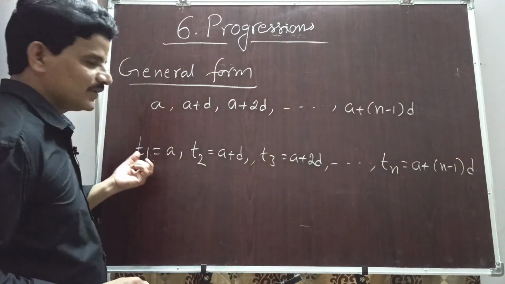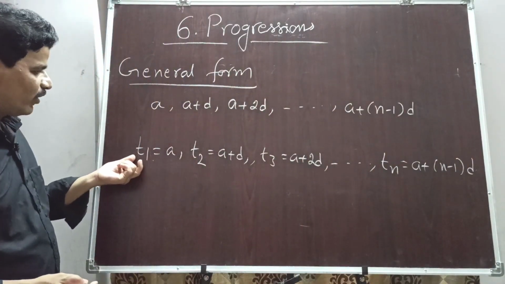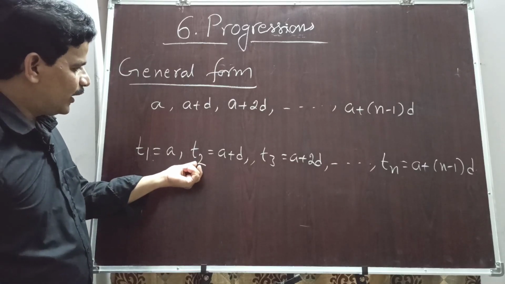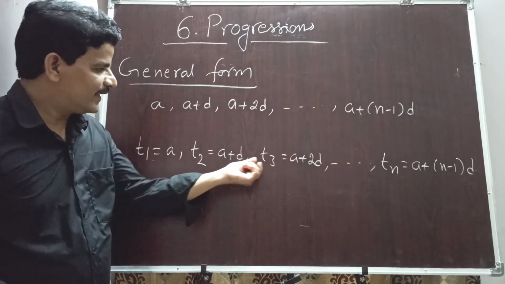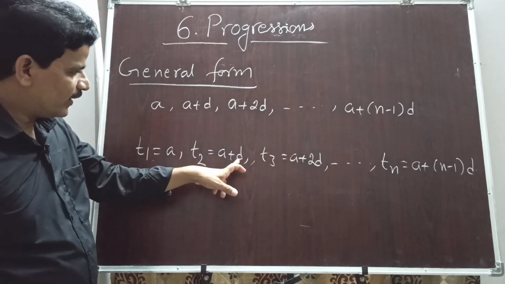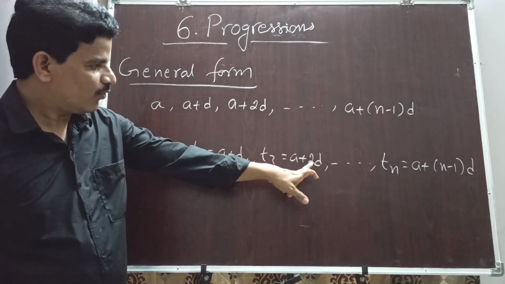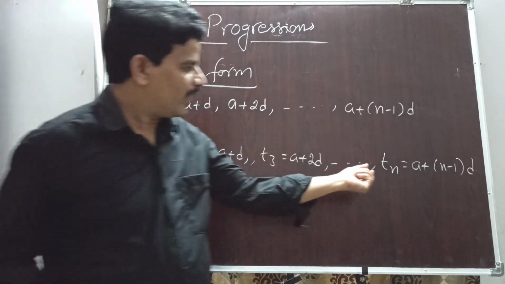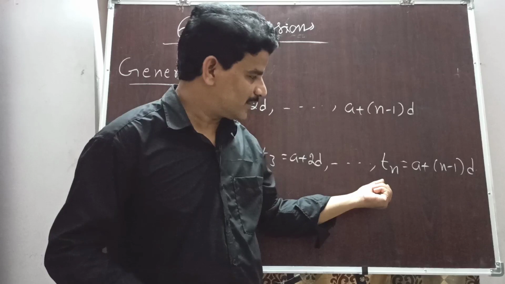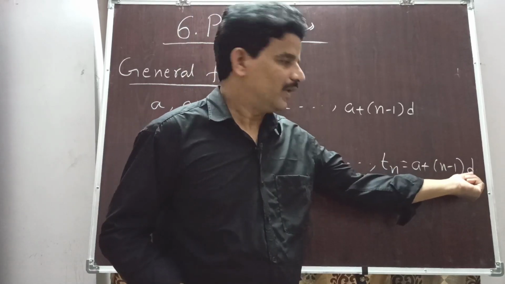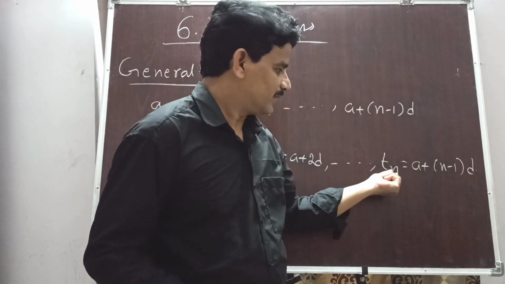If you observe the terms here, t1 is equal to a, there is no d here. In t2, which is a plus d, and t3, which is a plus 2d, in t2 we got 1d, in t3 we have 2d, in t4 we can see 3d and so on. In the nth term or general term, tn is a plus n minus 1 into d, means 1 less than the term number.